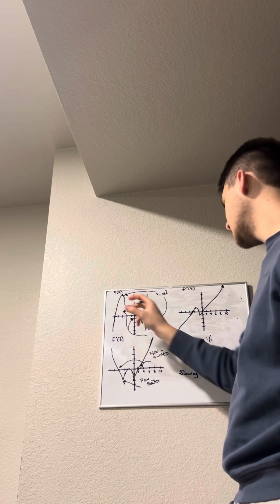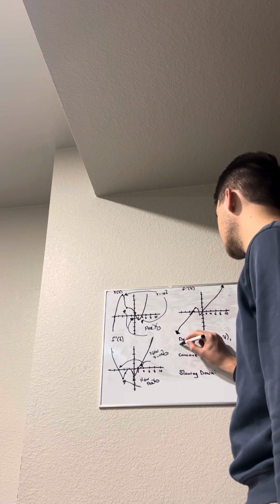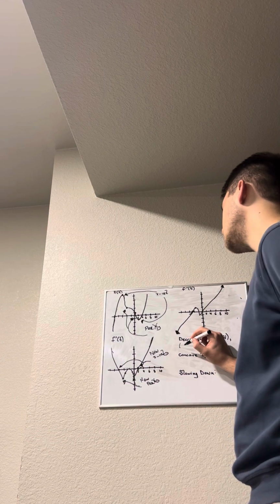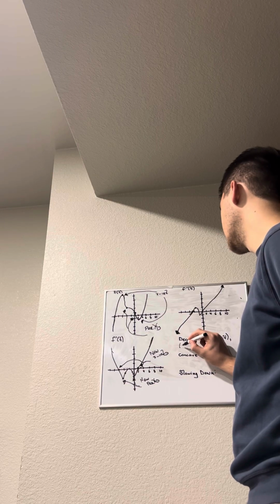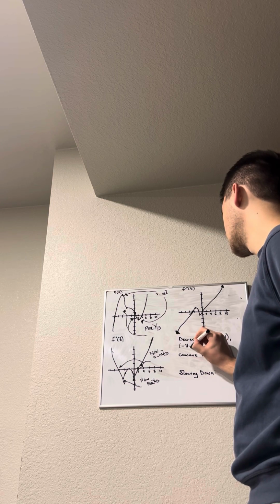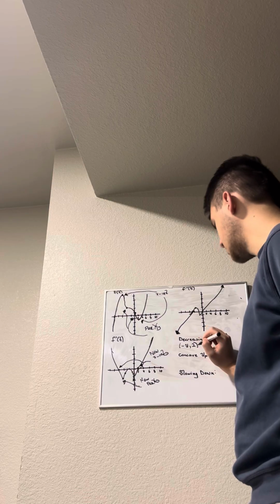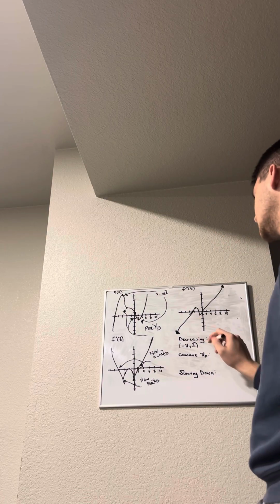So it would actually start at -6. So it would decrease from -6 to -4, and also decrease from -4 all the way to +2. These should represent the decreasing intervals of the f of t graph.